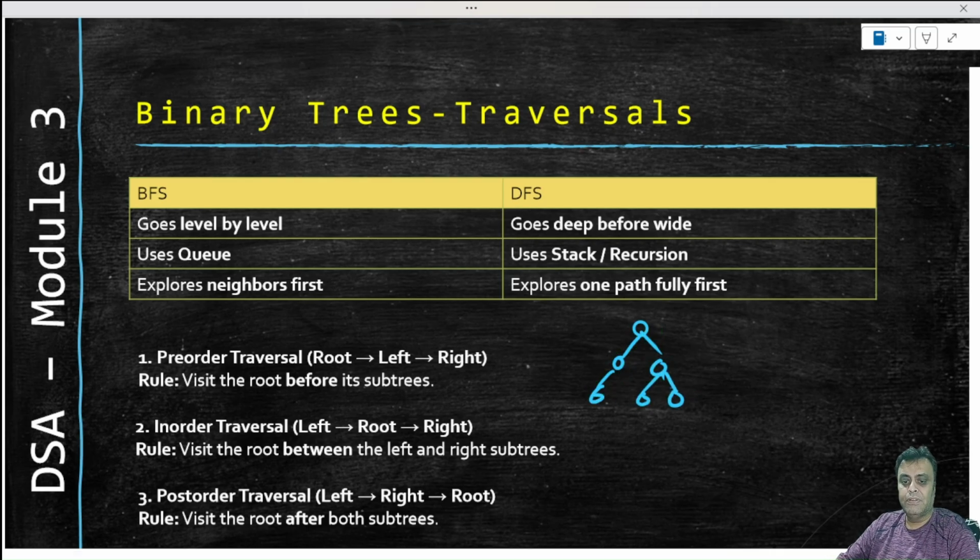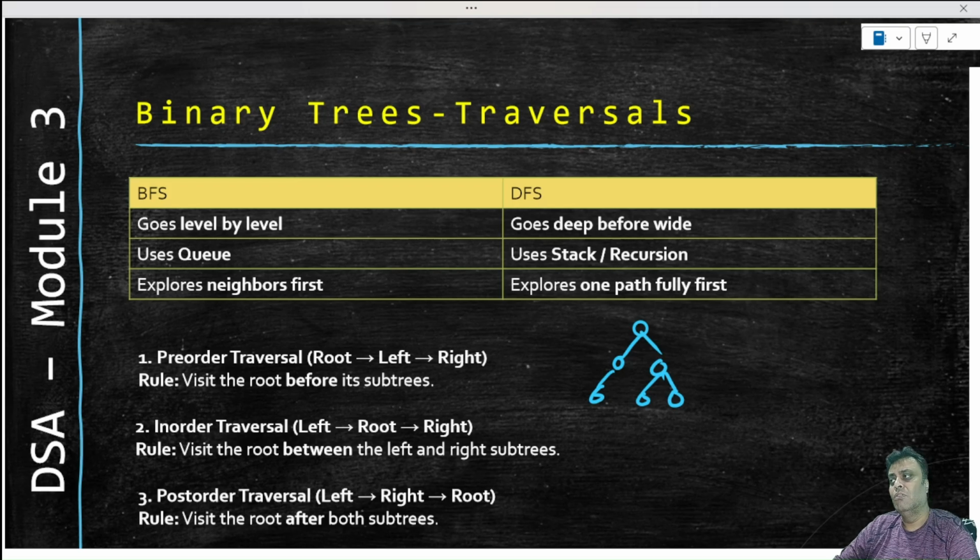So that's the difference between the breadth first search and depth first search. And in order to implement the depth first search, we will use a stack, right? But a breadth first search, we'll have to use a queue to do that. So that's typically how the difference between breadth first and depth first will go.